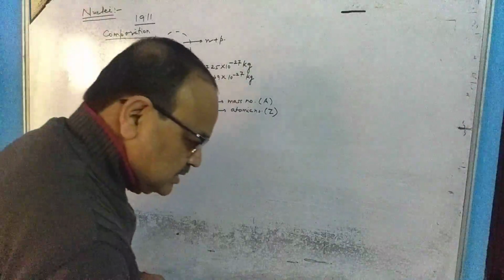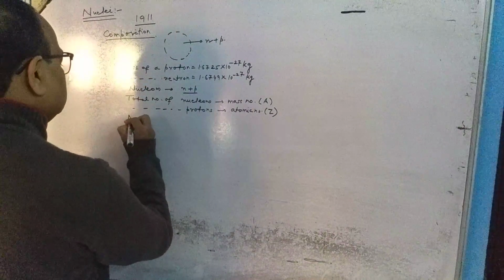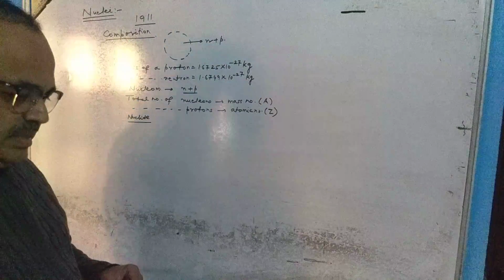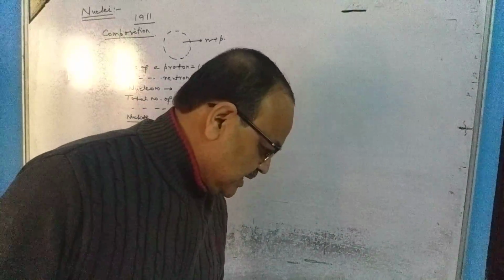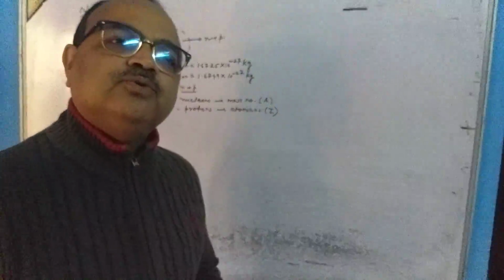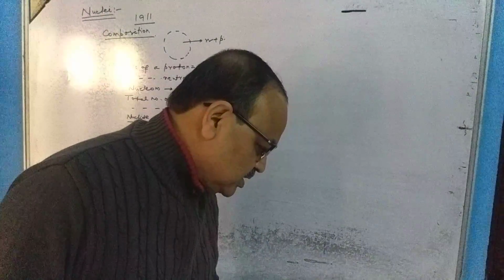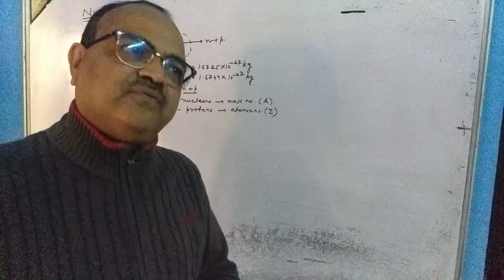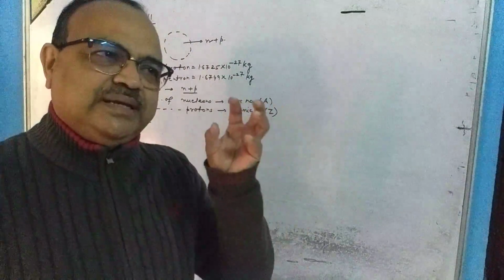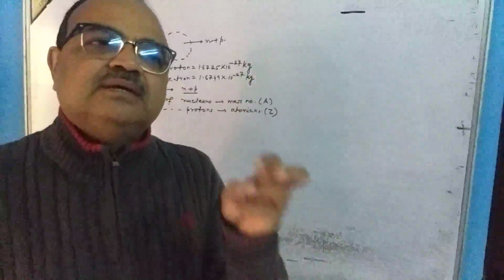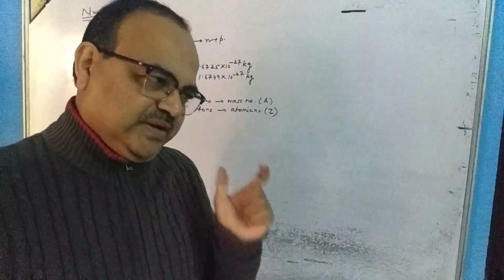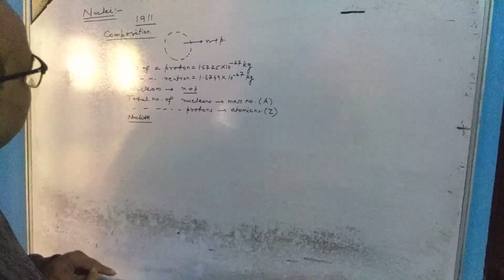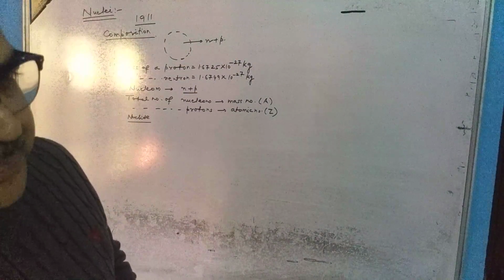There is a term called nuclei. Nuclei is a specific nucleus of an atom, indicating the specific nucleus of an atom characterized by its atomic number and its mass number.